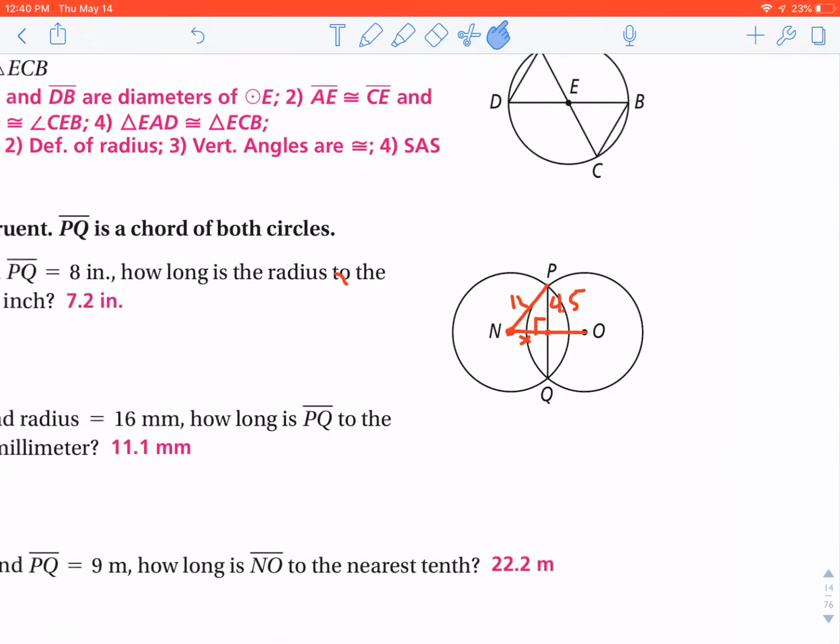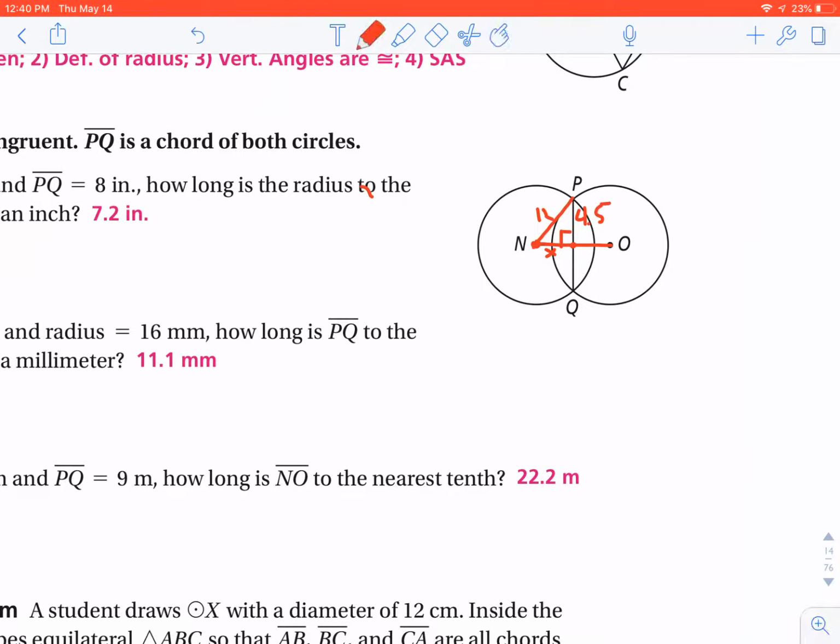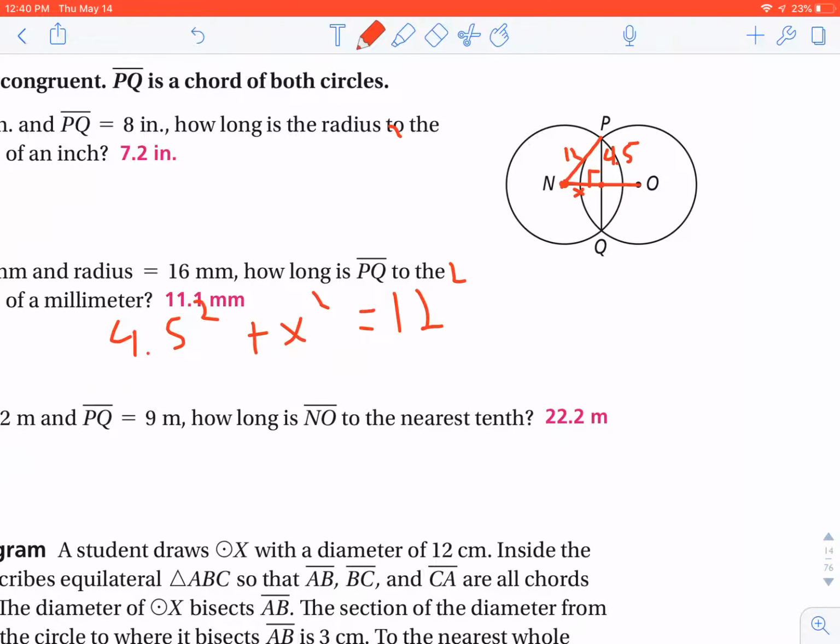Okay? So you have 4.5 squared plus x squared is equal to 12 squared. When you do that, you get 20.25 plus x squared is equal to 144.